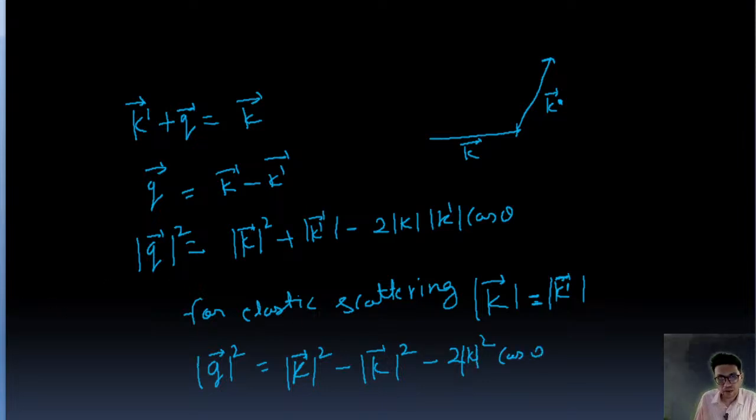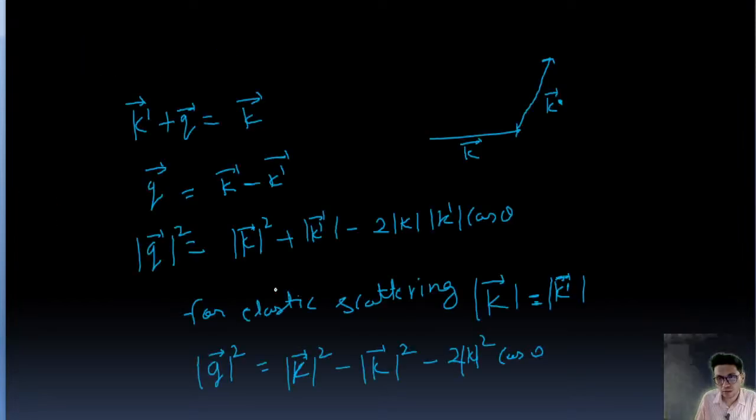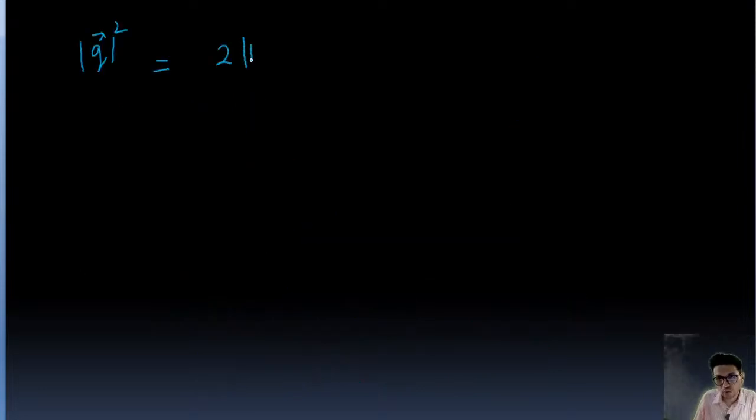So this gets added, and we get 2 mod square of k minus 2 k square cos theta.